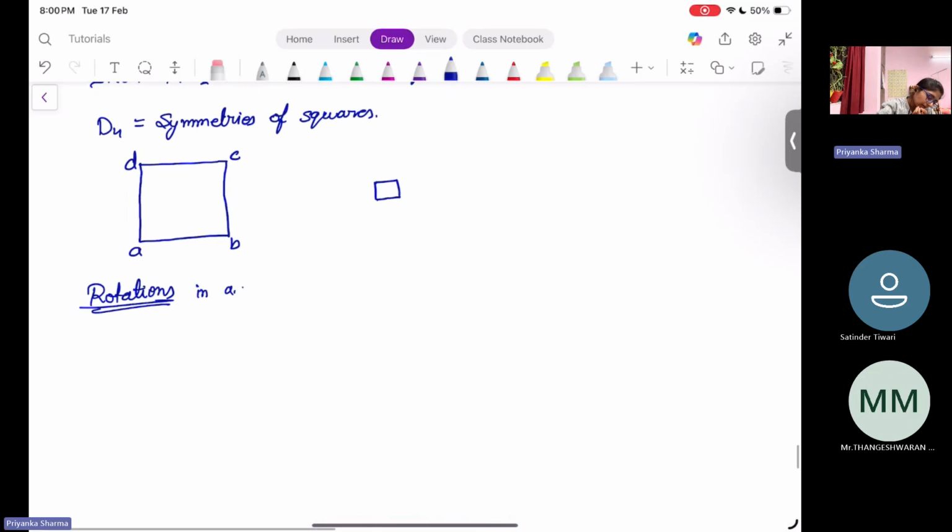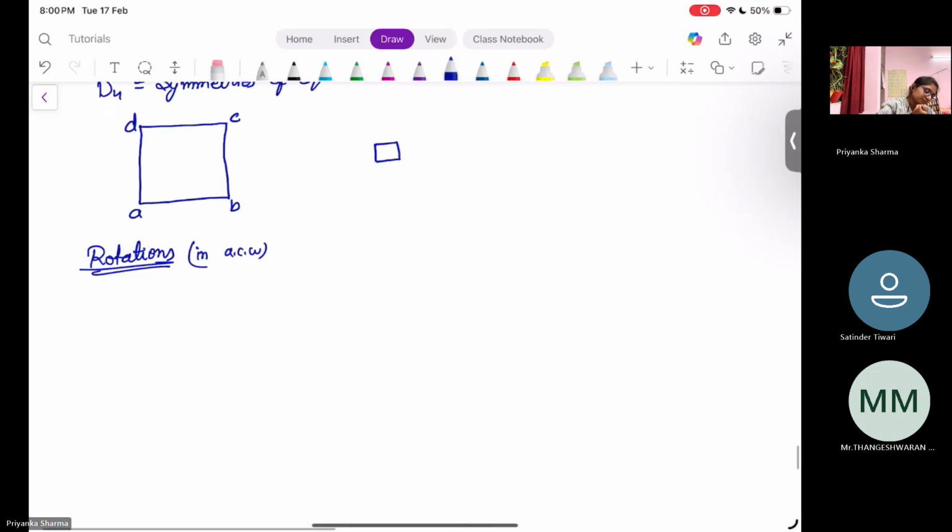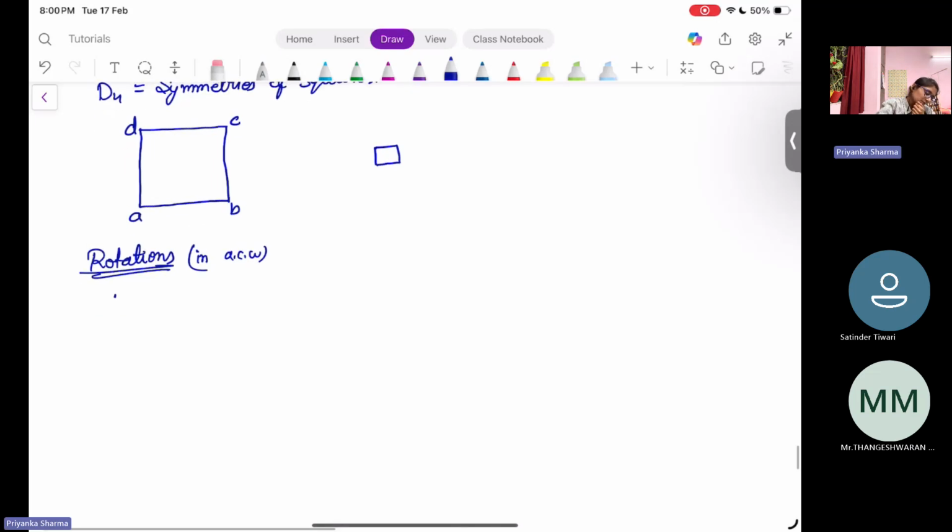Rotations in anti-clockwise direction: we consider R0, R90, R180, R270. It can be written as R1, R2, R3, R4, or sometimes R0, R1, R2, R3. There can be different notations for this.